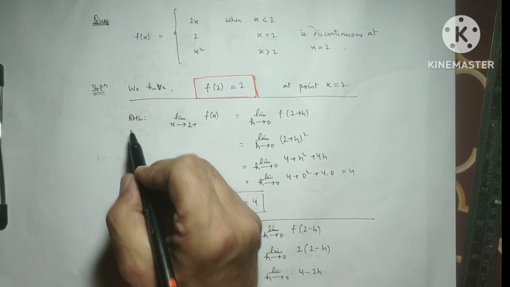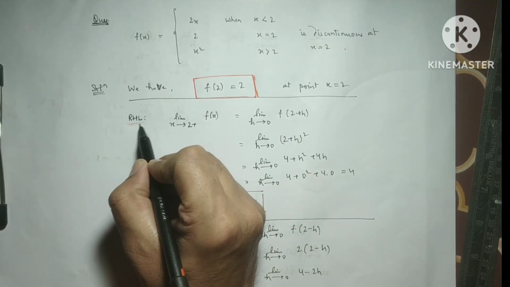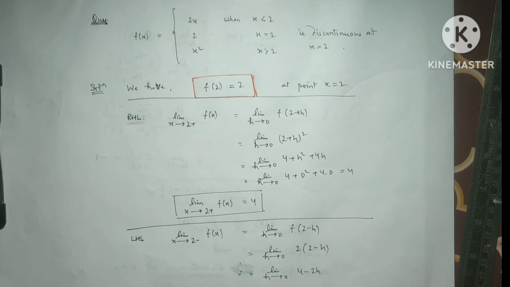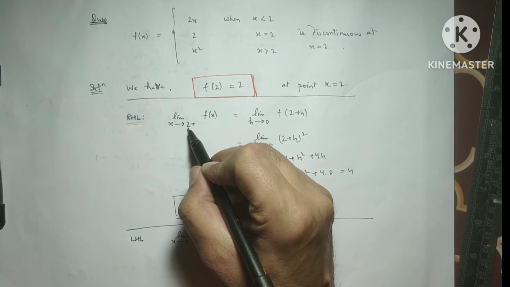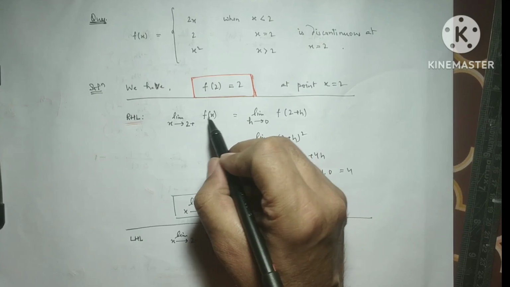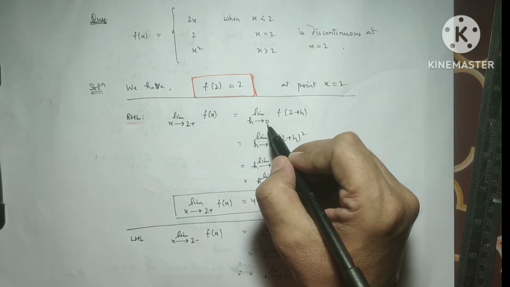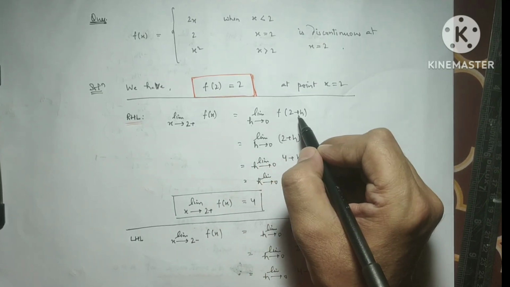So when we go for the right hand limit, we will consider limit x tends to 2 plus h of f(x). So limit h tends to 0, f(2 plus h).